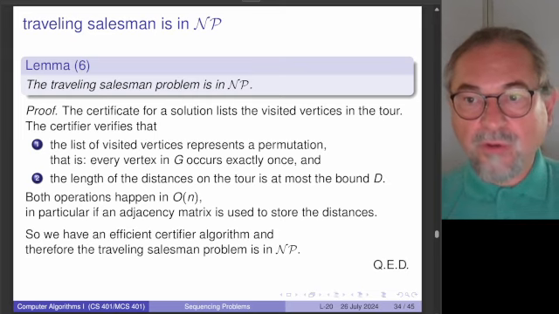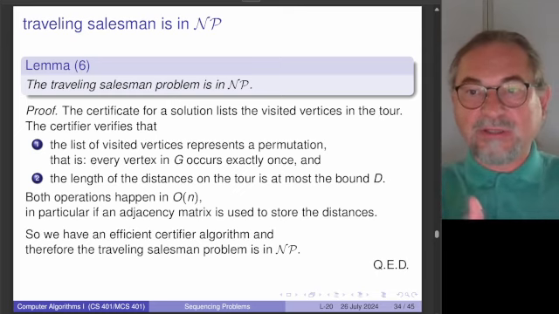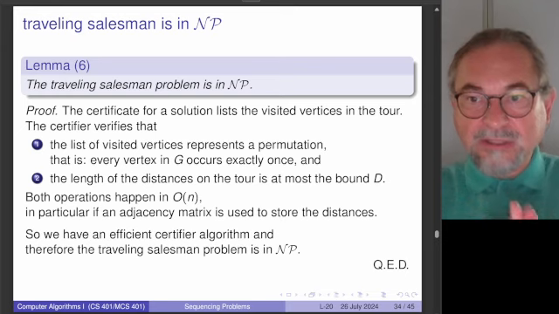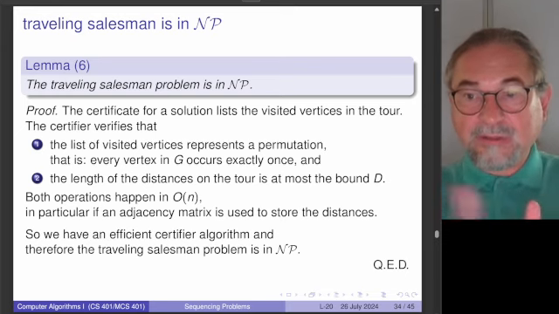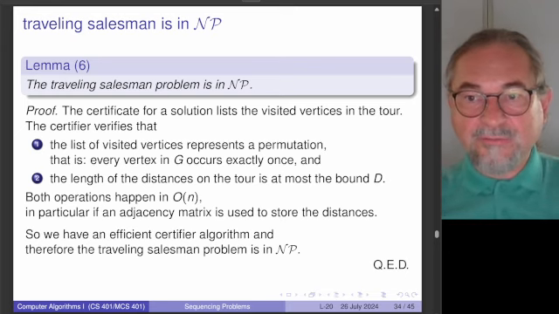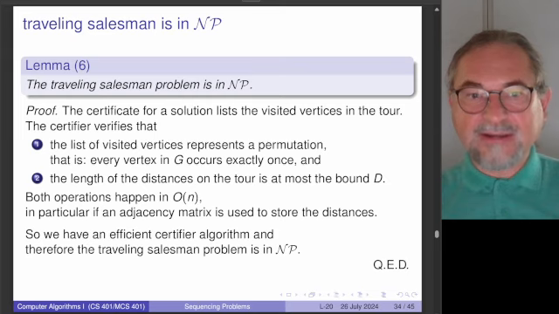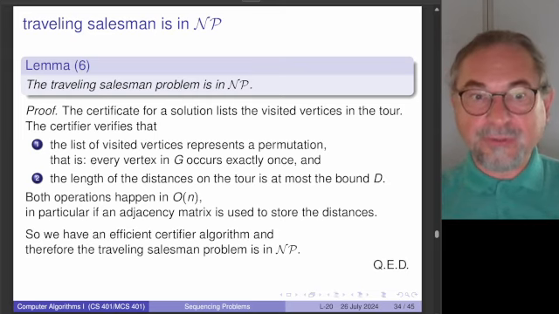Well, if you know all the cities, the order in which the cities are visited, then actually you can claim that this sequence of cities constitutes a tour. And the certifier needs to verify that indeed you are visiting every vertex exactly once, so it represents a permutation.